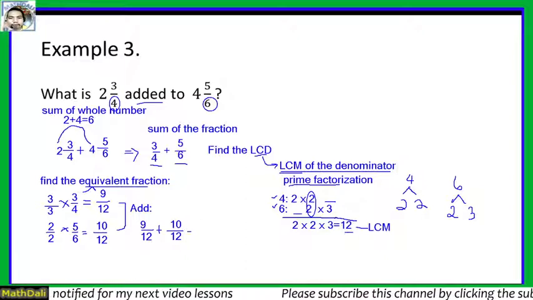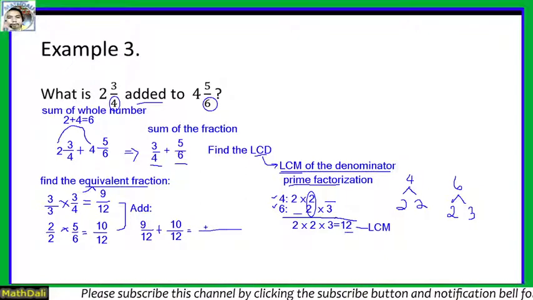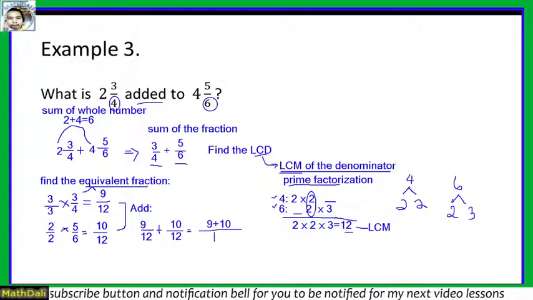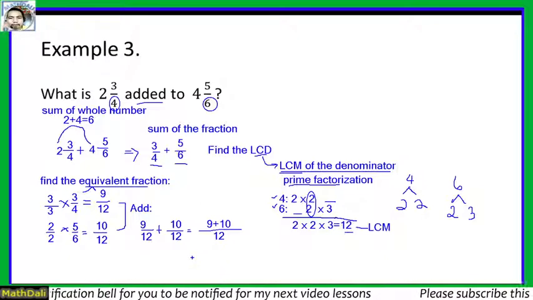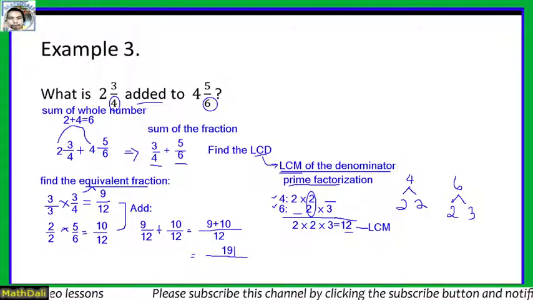So yan, kung mapapansin nyo, similar na yung fraction natin, parehas na yung kanilang denominator. So ang gagawin natin, i-add lang natin yung numerator. So that is 9 plus 10. Then, kopyahin lang yung denominator na 12. Okay, so dito na lang natin ilagay sa baba yung sagot. That will be equal now to 9 plus 10, that is equal to 19. Then, kopyahin natin yung denominator na 12.